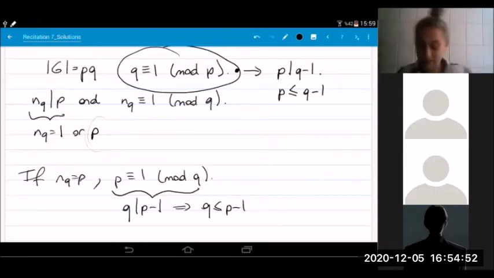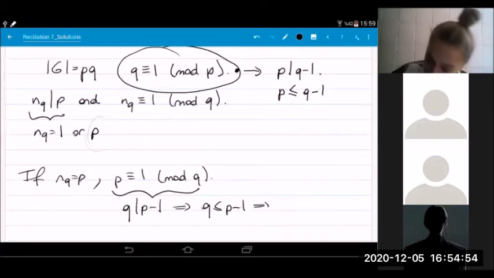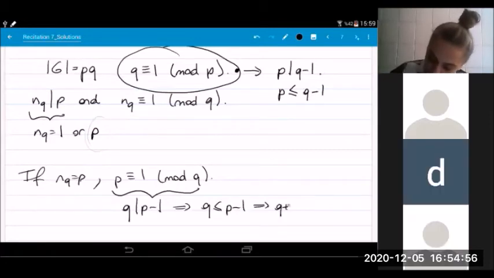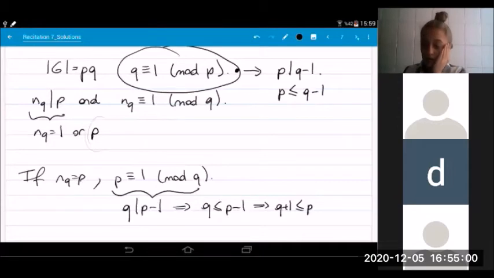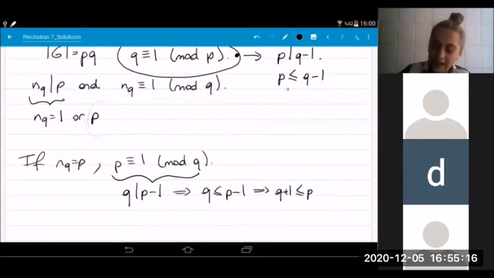Is it possible? If we combine this inequality with the inequality above, we get a contradiction. Here, Q less than or equal to P minus 1 means that Q plus 1 is less than or equal to P. And from the assumption we have P is less than or equal to Q minus 1.